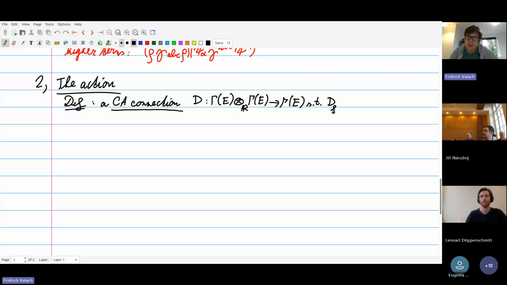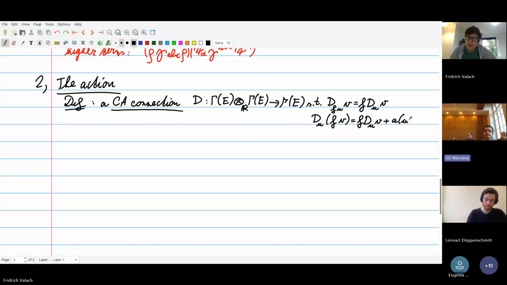So for instance, if you multiply the subscript by a function, then this just goes out for free, as it should. And in case you hit another section and you multiply it by a function, then it goes out, but you get a derivative term.